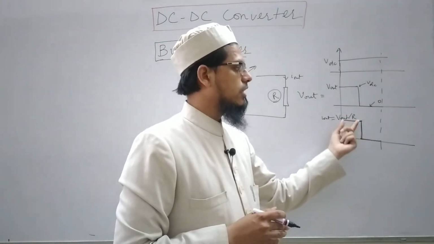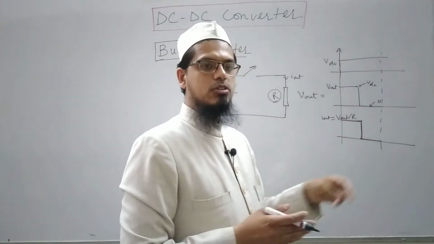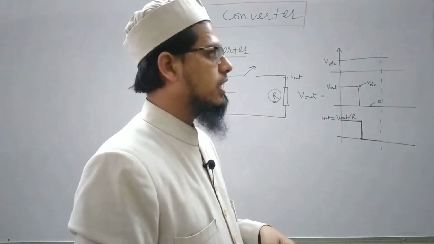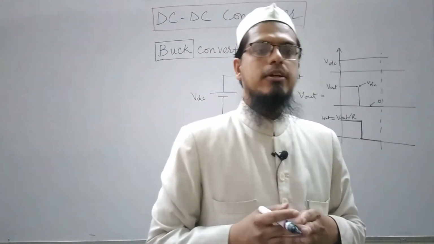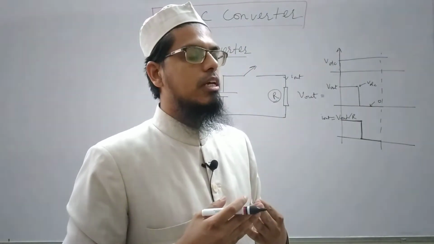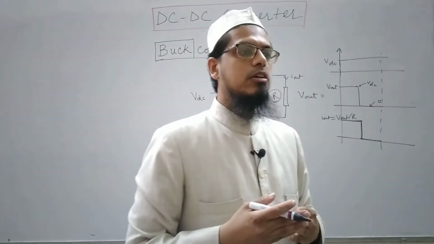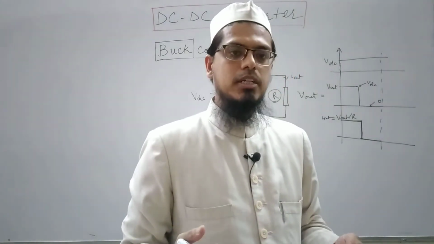You could see here the current is varying from V out by R to 0. So there is a large fluctuation of current, and most of the time the load demands that the voltage and the current supplied to it should be constant.